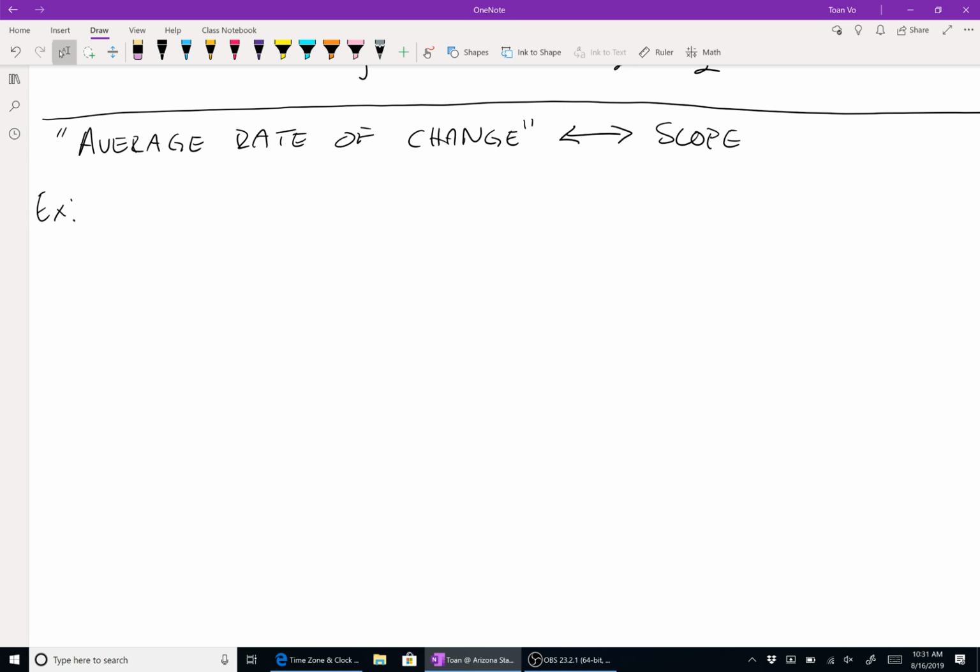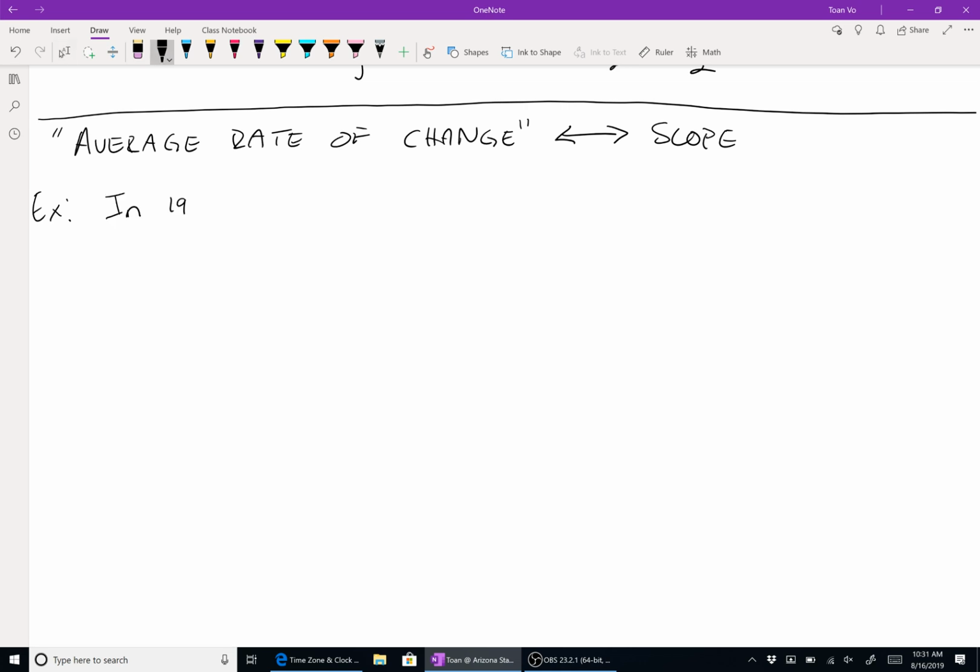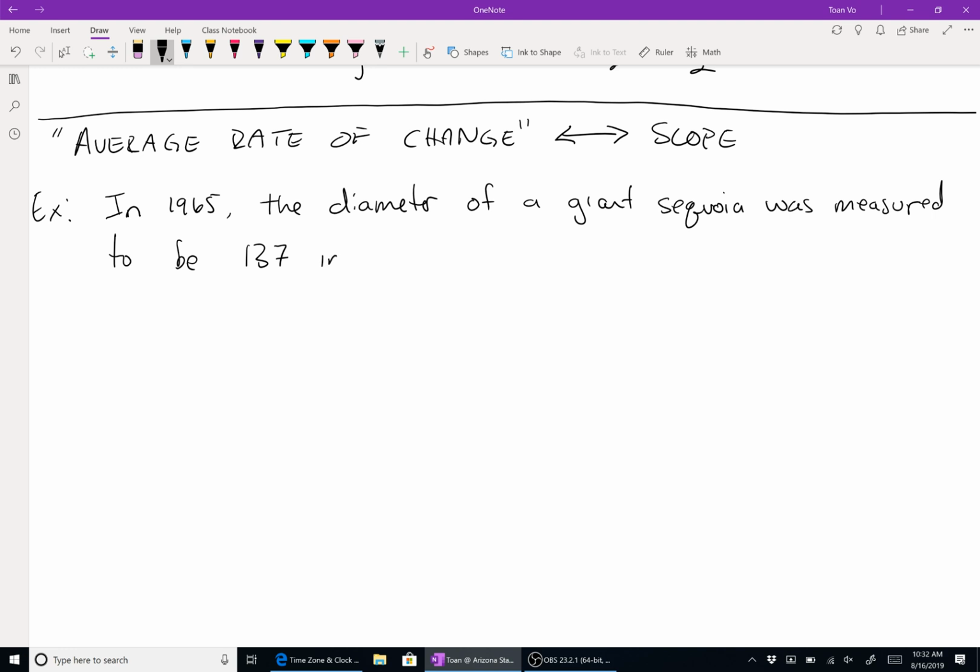So suppose in 1965, the diameter of a giant sequoia, it's a tree, was measured to be 137 inches.